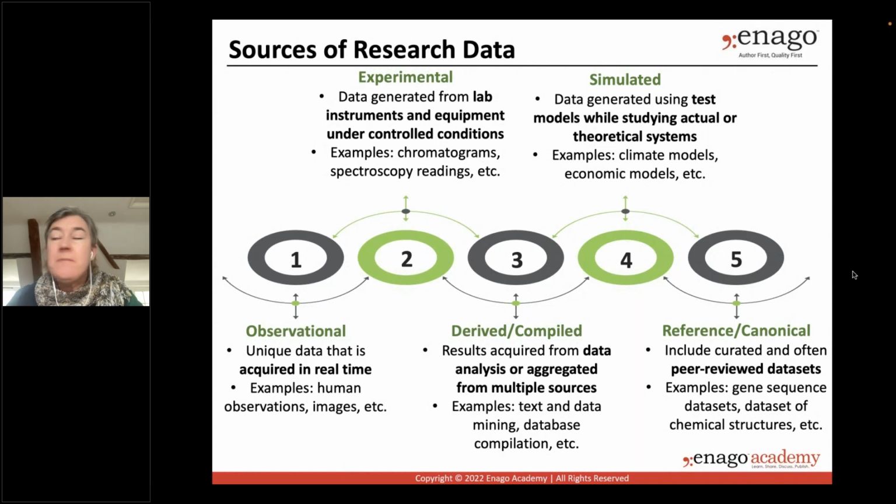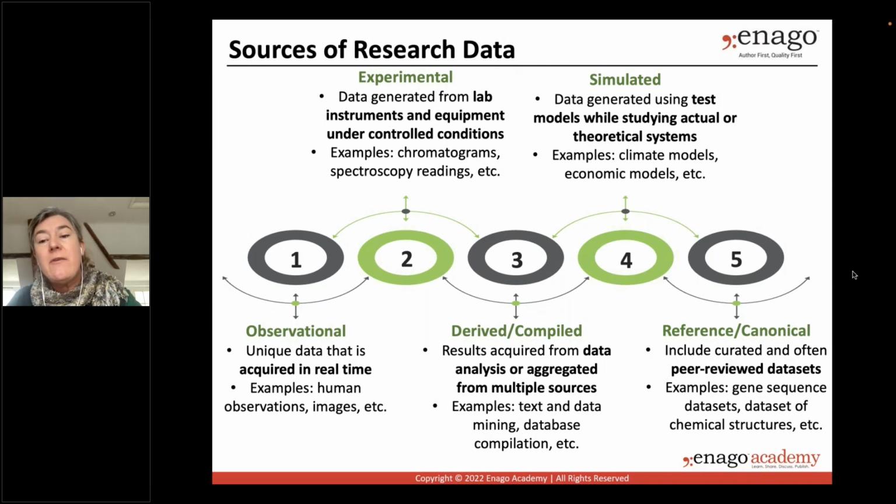You've got derived and compiled data from analysis, from aggregations, from text mining, database compilation, and so forth. You've got simulated data, which could come from models, where data sets run through a model give you a simulation, a scenario, which are often used for predictive purposes.